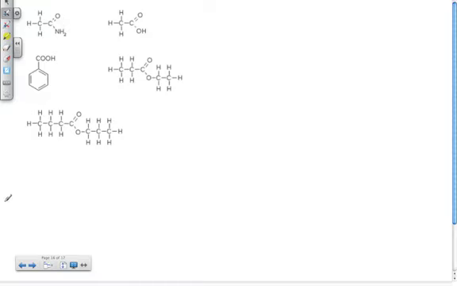Here I have a double bonded oxygen and I have an NH2 group. So this is an amine, 2 carbons. So this is ethanamine. Here I have the COOH ending. It's an organic acid. So this is ethanoic acid.